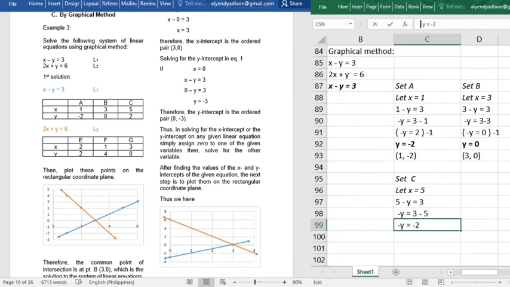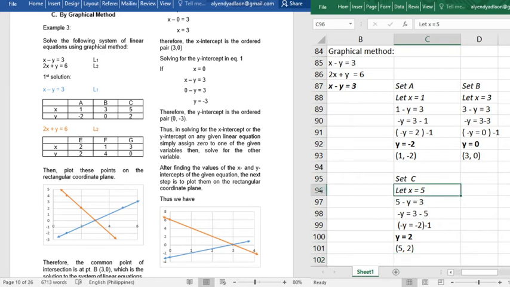Now again, to make the y positive, we are gonna multiply both sides by negative 1. So we now have y equals 2. So therefore, if x is 5, y is 2. And that is what you can see in the table. That is for the first equation.